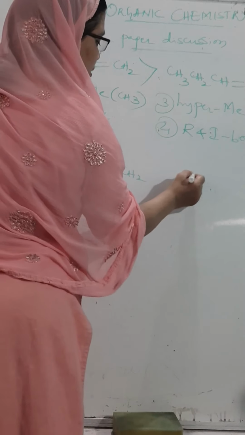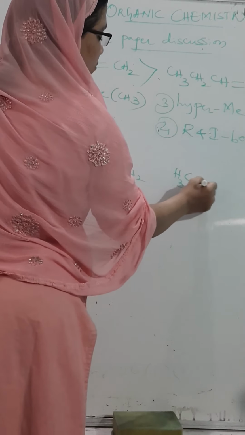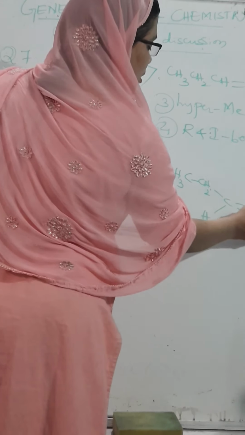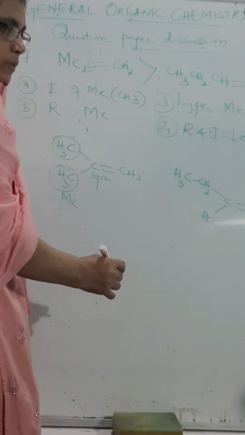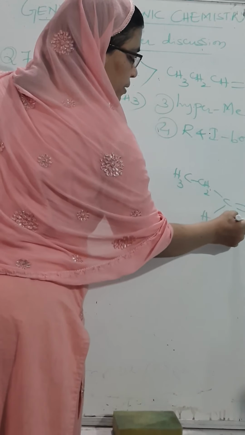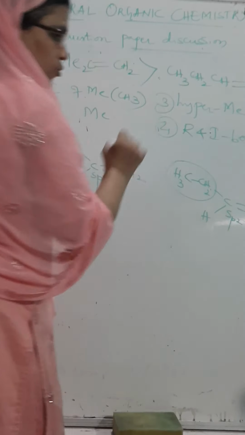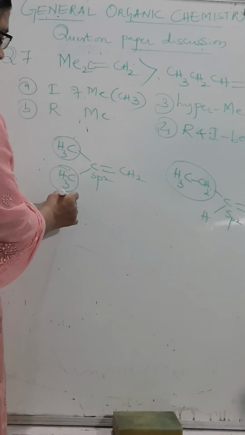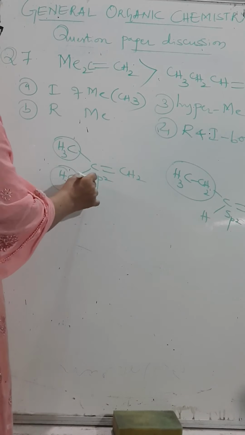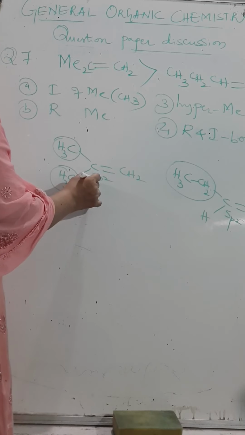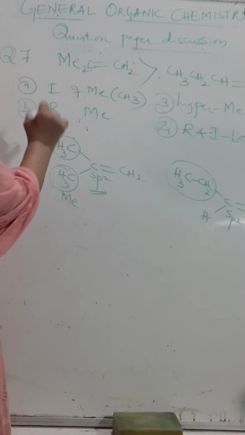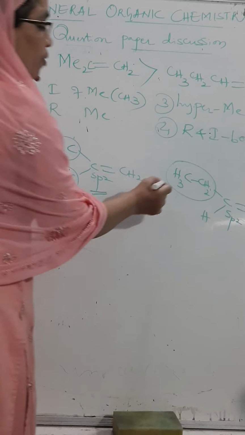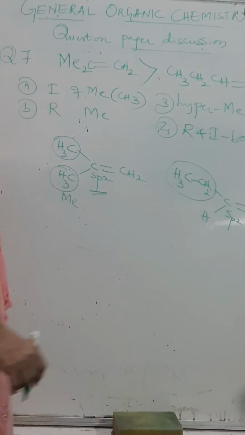Same way here, CH3CH2CH double bond CH2. This is also sp2 hybridized, but this is an ethyl group. Observe over here: a methyl group linked to an sp2 hybridized carbon atom makes it more stable. But here we have one ethyl group on one side.